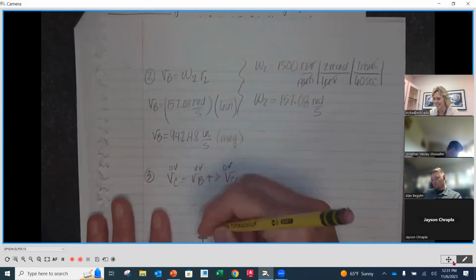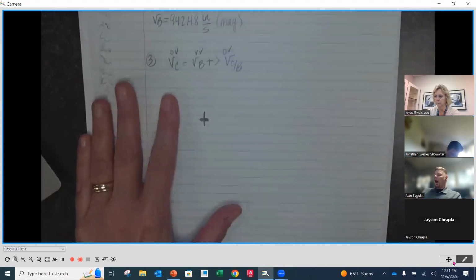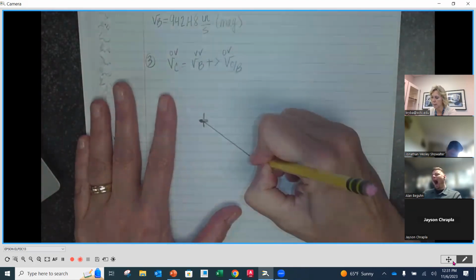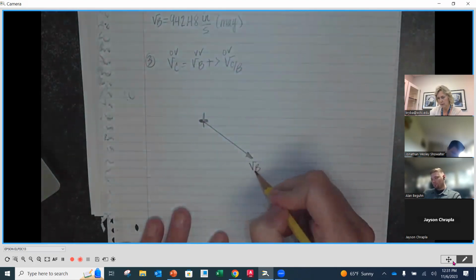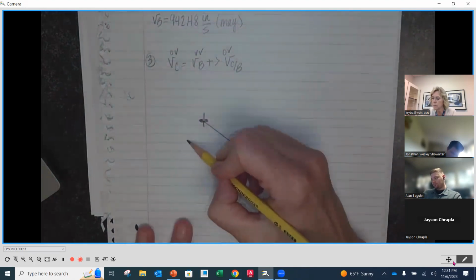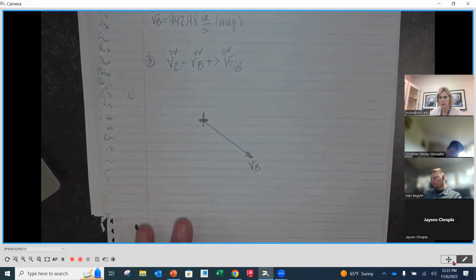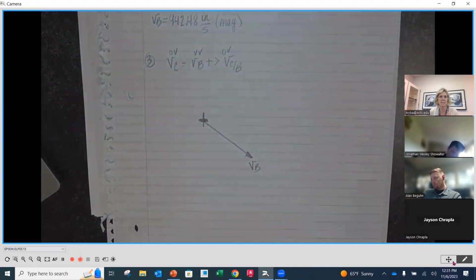We'll identify that. So I'm gonna go something like this. Velocity of B. Okay. And there's my velocity of B. Imagine this would be link number 2, and this is perpendicular to it. Okay. That's how we get its direction.